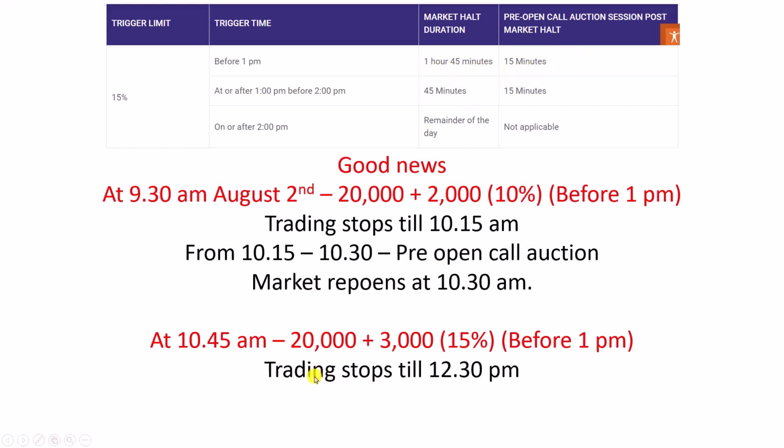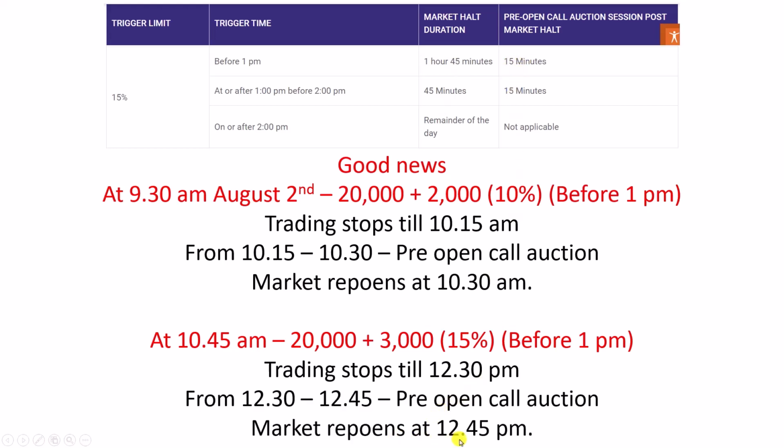Trading halts till 12:30 p.m. So for 1 hour 45 minutes the market halts, and after that there will be 15 minutes of pre-open call auction, and the market reopens at 12:45 p.m.